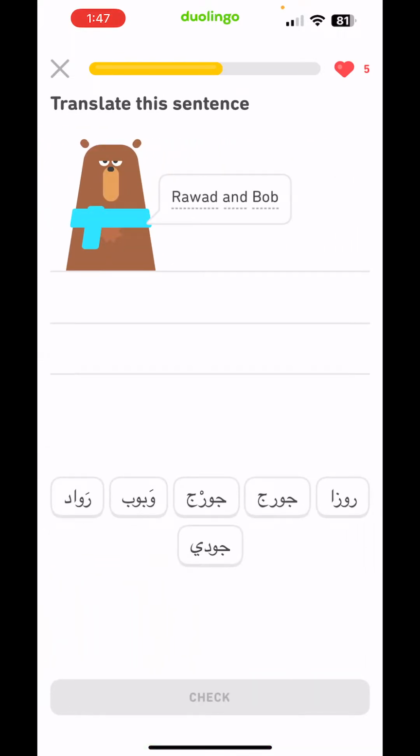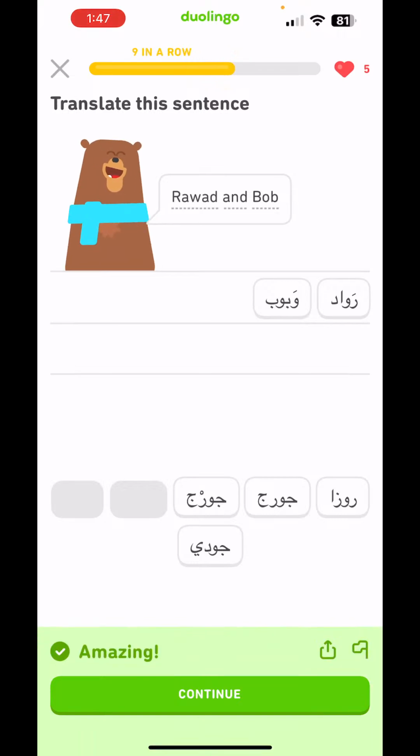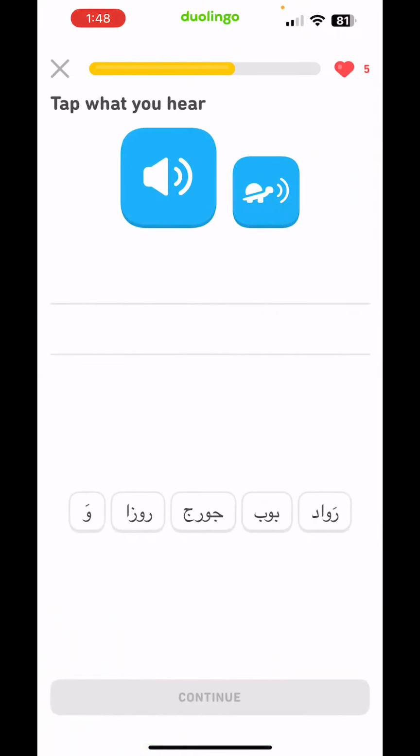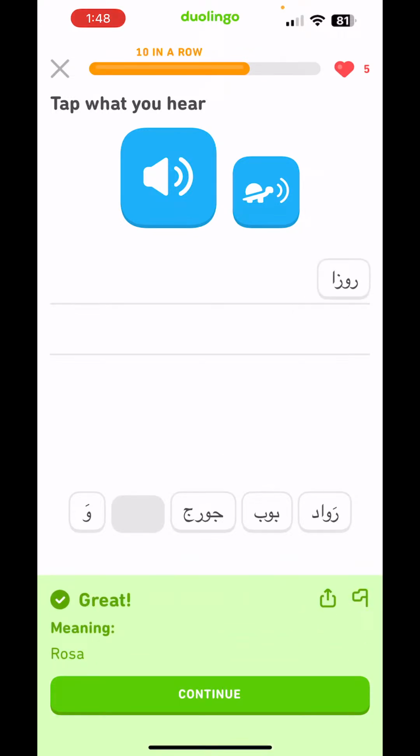Rawed and Bob. Rawed, and Bob. I'm getting the hang of this. No lie. Rosa. Yeah. So I see the U and the I, because it's not really like the letters, it's not really how it's spelled.